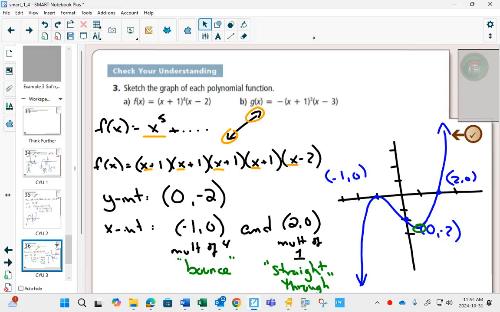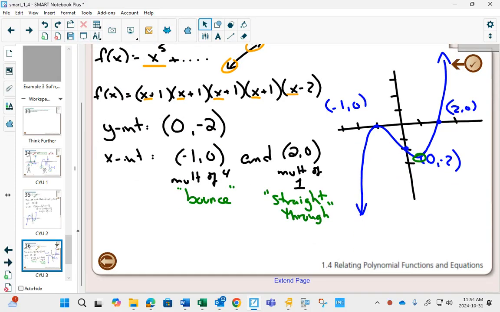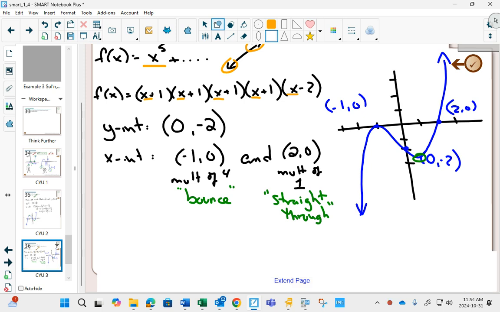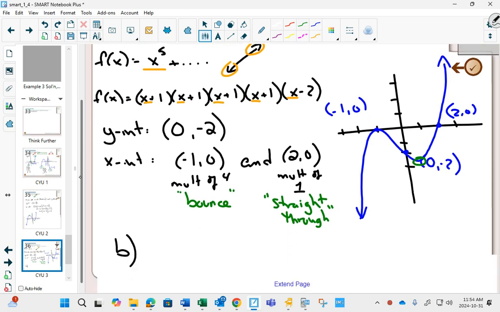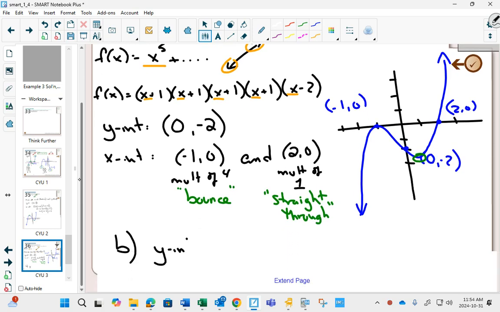So here's the sketch of our graph. When we go to part B, it's already factored for us if you wanted to find your y-intercept. And sometimes you're going to want to actually show the math. So y equals negative, plug in the 0.